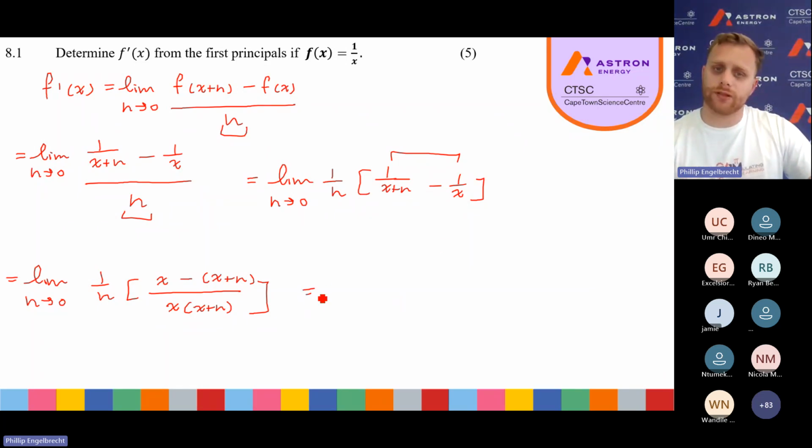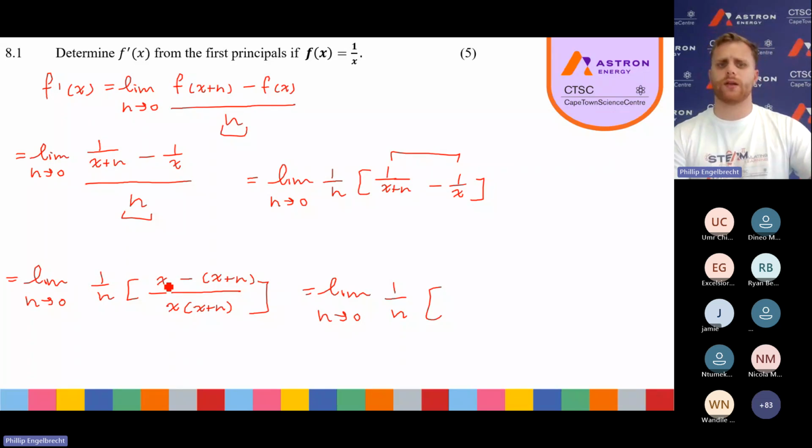So this is equal to the limit as h tends to 0 of 1 over h times, now the top part, x minus (x plus h), well, the x is cancelled and I'm left with negative h over x times (x plus h).